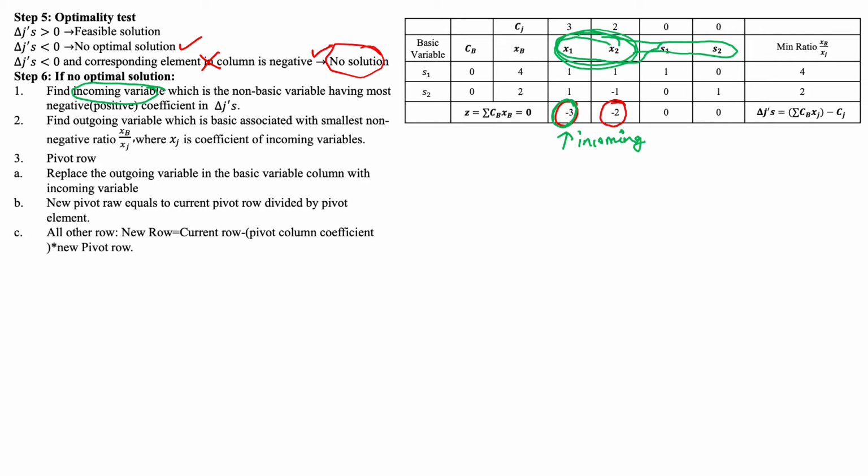Then after that, what will we find out? The minimum ratio. How will we find it?